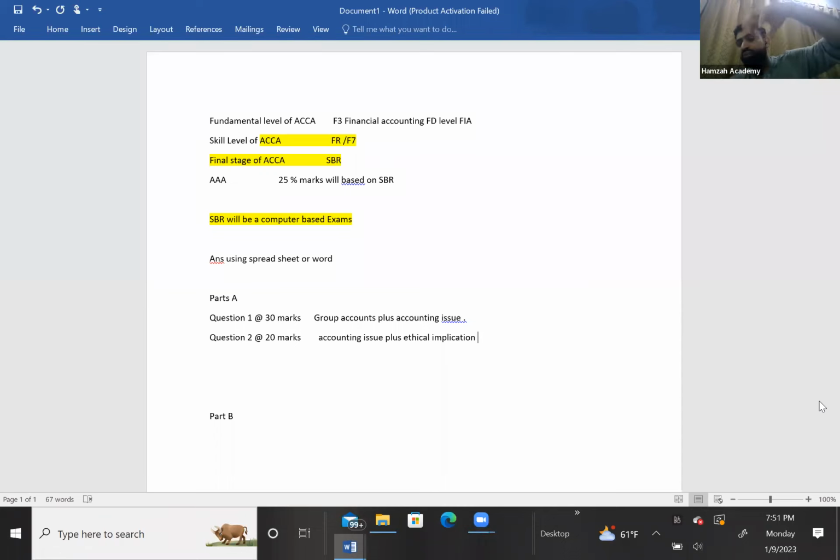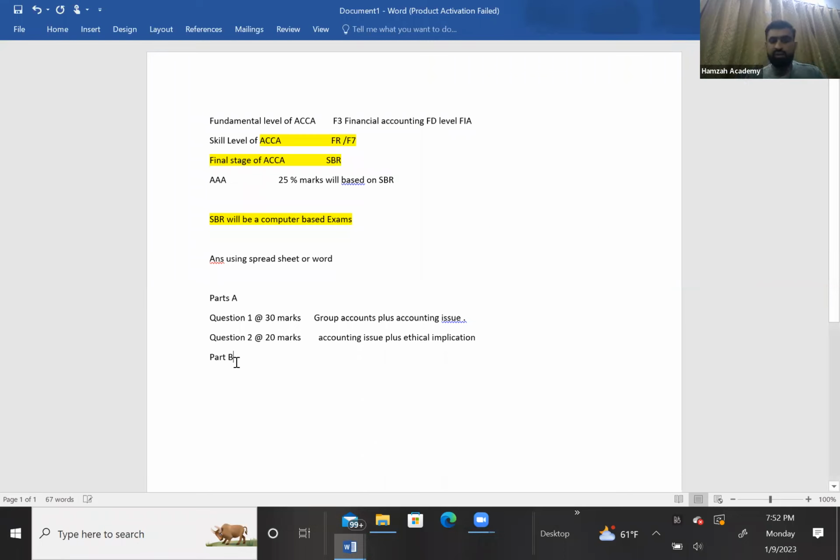So first of all, we need to discuss whether that provision can be recognized or not, and then there will be a requirement focusing on the ethical dilemma involved in that case study. Okay, and there will be 20 marks for question number 2, and we have a total of 50 marks in part A, 30 marks in question number 1 and 20 marks in question number 2.